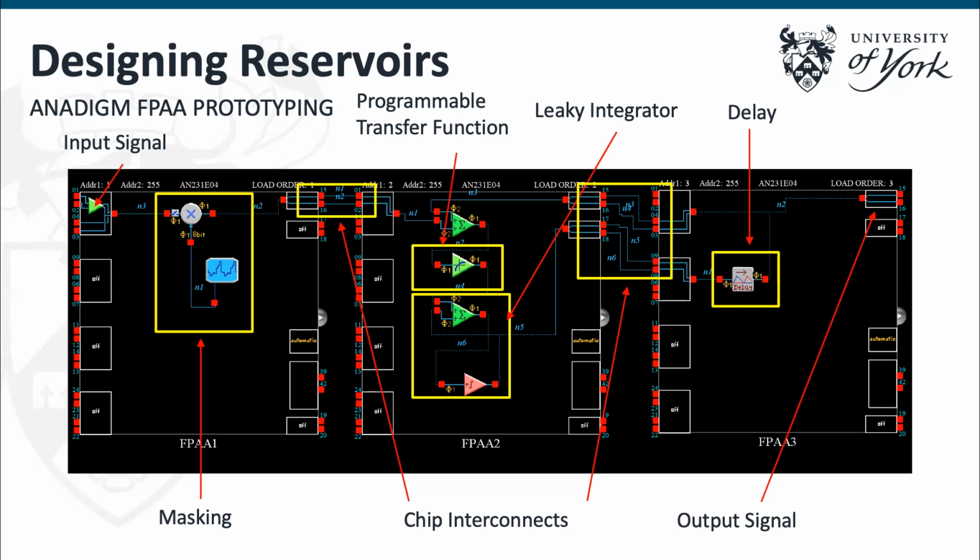You have an 80s, 90s user interface for them, but you can also use C to interface with the programming interface. But the bottom line is you have parameterizable analog functional blocks that you can interconnect and parameterize. In this case, we've built a delay line reservoir.